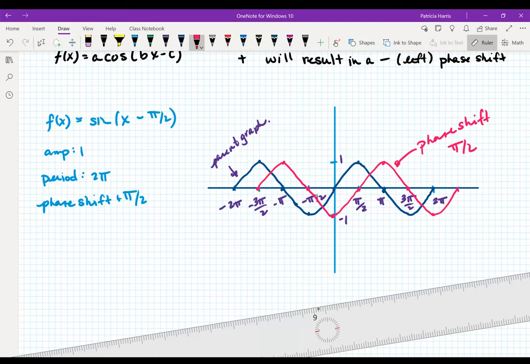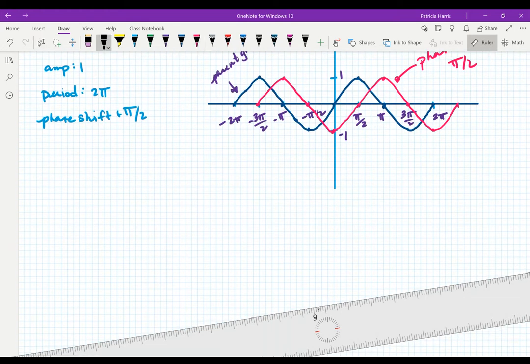Okay, let's do something a little bit more complicated. Let's do a cosine. Let's do an amp change. Let's do a period change. Okay.